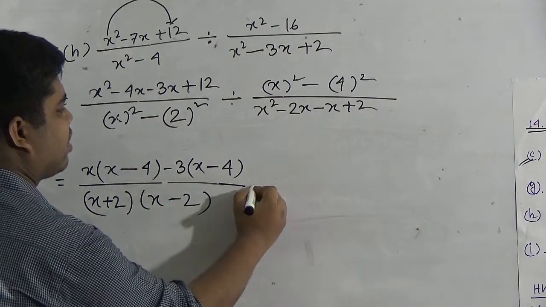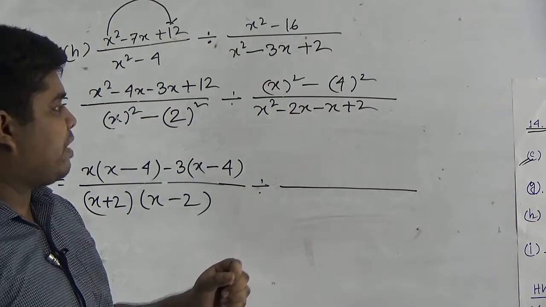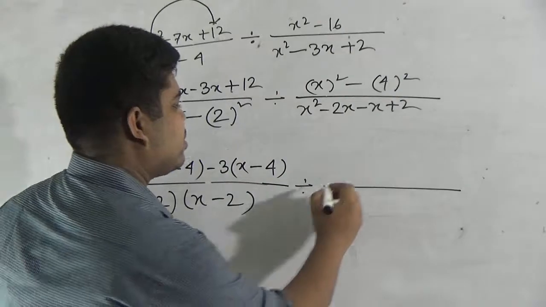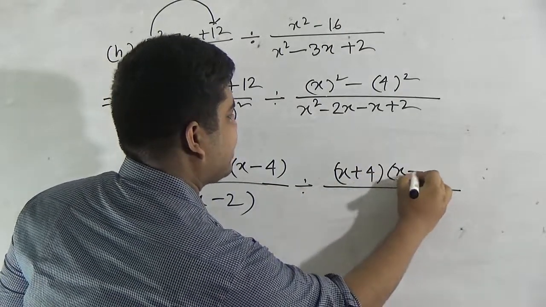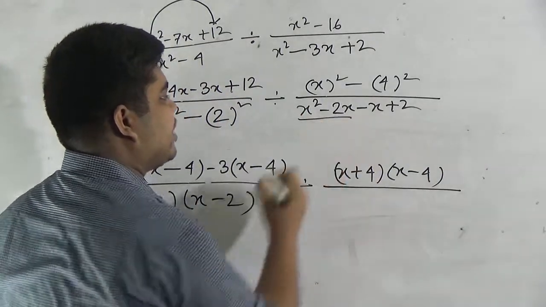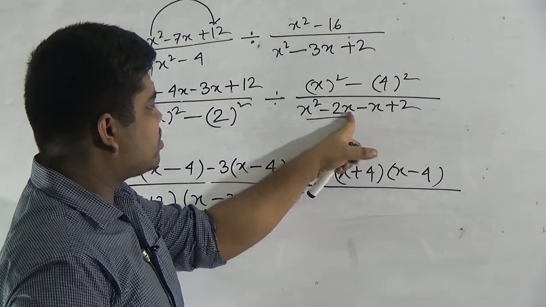Okay. Division. Here the a square minus b square formula is also applicable. So we write a plus b into a minus b. So write x plus 4 into x minus 4. Now we take common from these two terms. Here we notice x, so x is common.